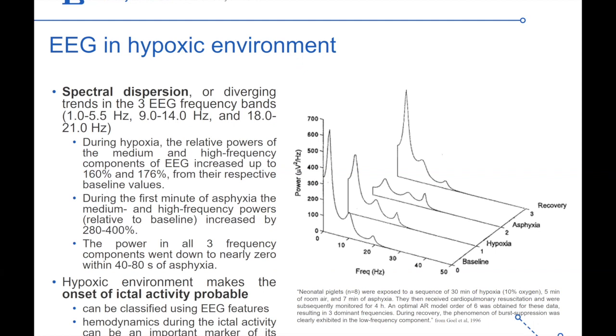But after this initial increase in power, within 40 to 80 seconds of asphyxia, the total power of the EEG signal decreases drastically, and it almost flattens to 0. You can see that here in the picture on the right. This is what we are interested in capturing using signal processing techniques.